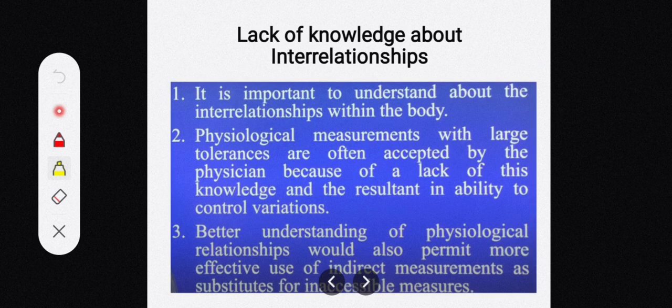This foregoing variability in the measured values of the physiological variable could have been better explained and understood if the relationship among the various variables within the human body was better understood. There is a high degree of interaction among variables in the human body, and if those interrelationships had been known, then this variability would have been better explained.